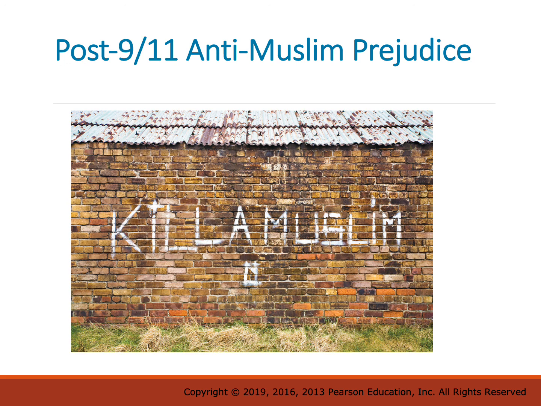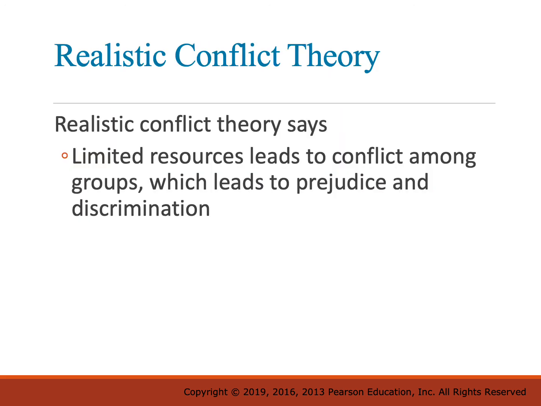Okay, so enough about social identity theory. Let's tackle the third theory that social psychology offers as an explanation for prejudice. And that third theory is realistic conflict theory. So realistic conflict theory says that there's limited resources and that conflict occurs because of the limitation of these resources, and that this also leads to prejudice and discrimination as well.